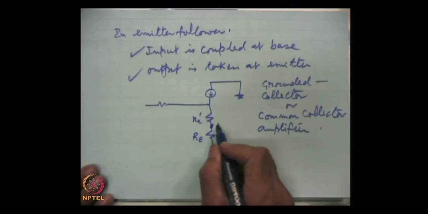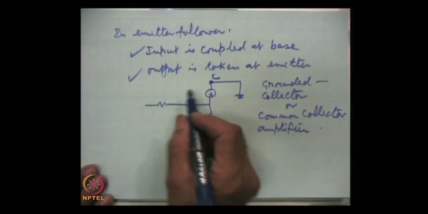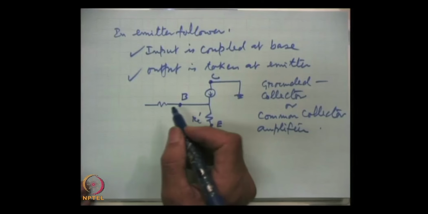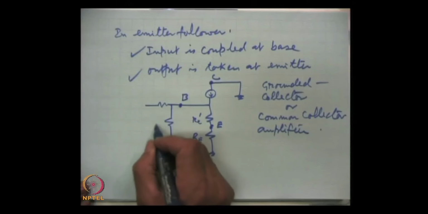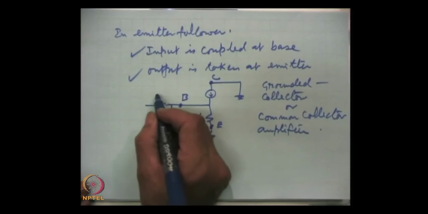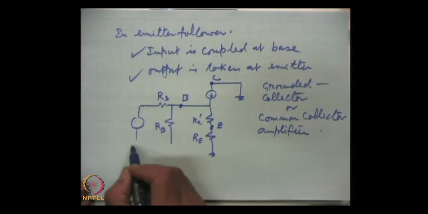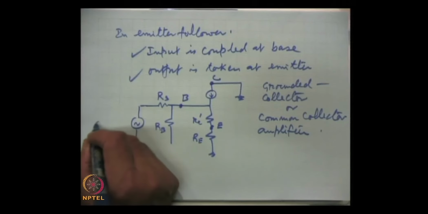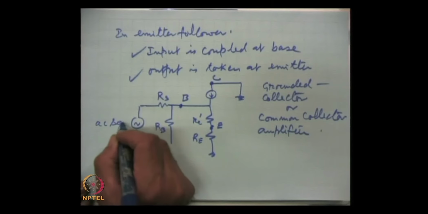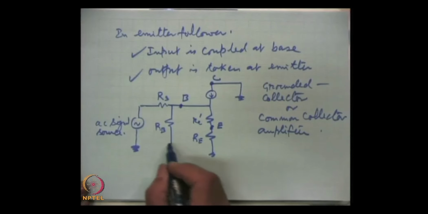This is the emitter lead, this is the collector lead, this is the base lead, and this is R b, this is the source resistance of the signal source, this is AC signal source.